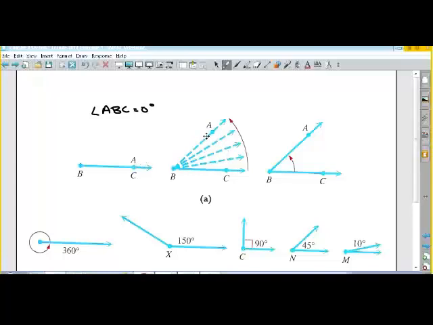And then as we rotate this second ray counterclockwise, we increase the angle, and wherever we stop is the value. In this case, we stopped before we got to 90 degrees, so this angle would be an acute angle.